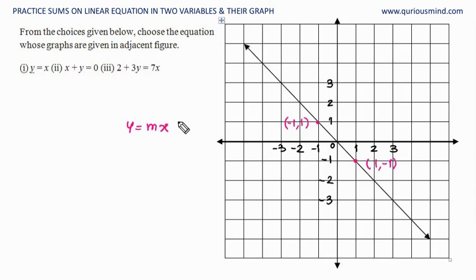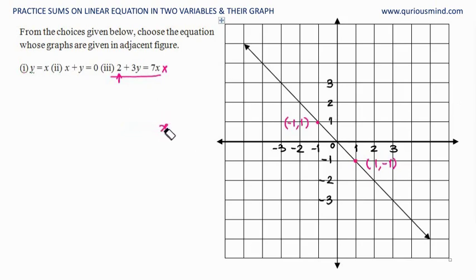There is no constant. There are only two terms, one term with y, one term with x. That's all. There will not be any numerical term. And that clearly indicates that this is not going to be our answer, because it has a numerical term.